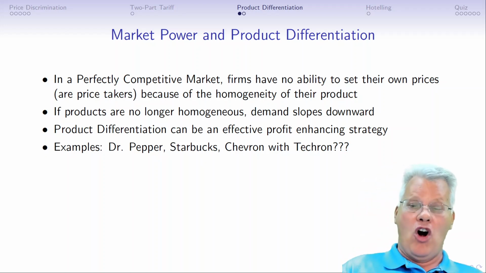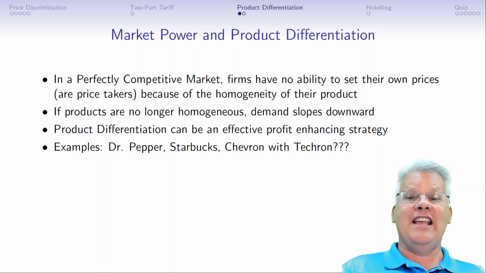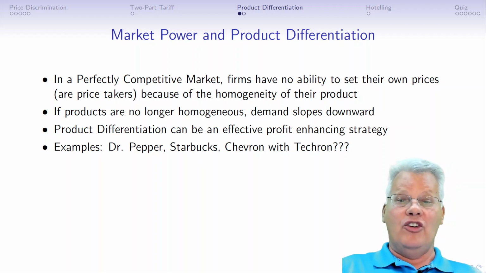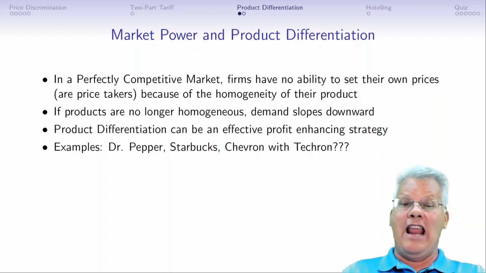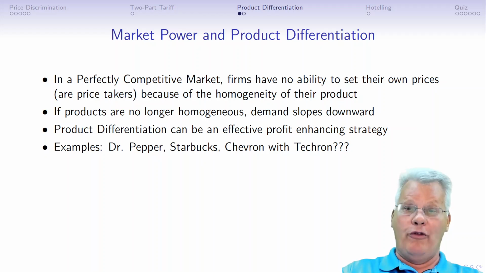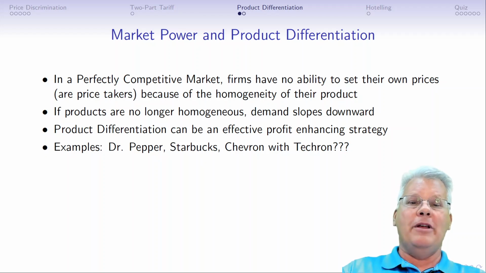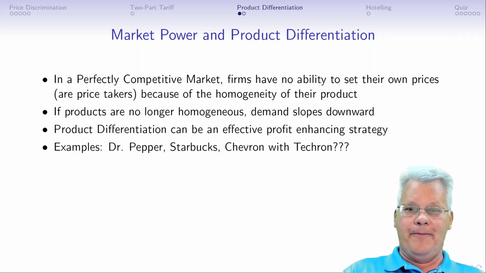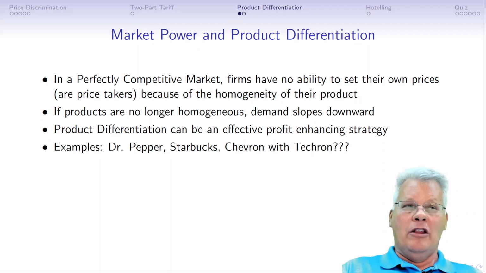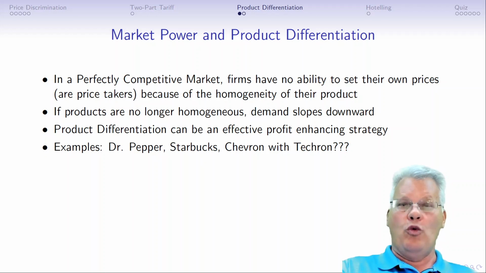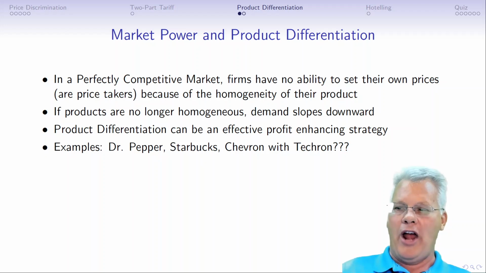If products are not all the same, in other words, they're different, what that means then is demand curves now are not horizontal for the individual firm, but they slope downward. So if a product is different, customers have different willingness to pay for this unique product.